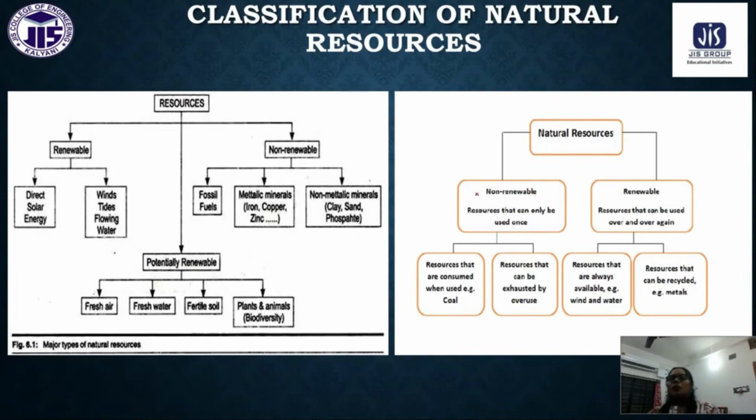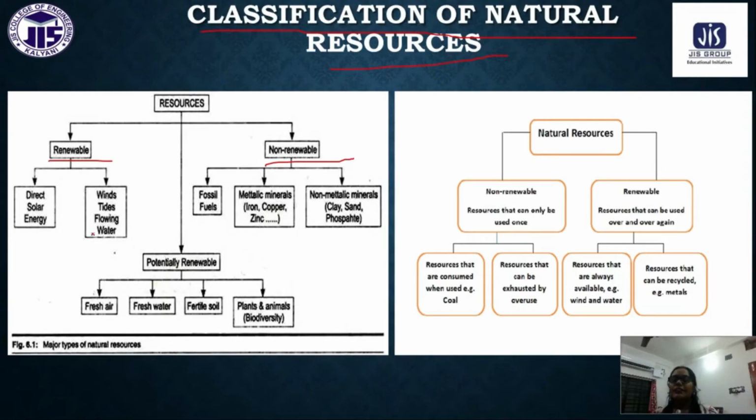Okay, now a very important portion, that is classification of natural resources. As I told you, resources are of two types: one is renewable, one is non-renewable. There are two types of renewable resources.